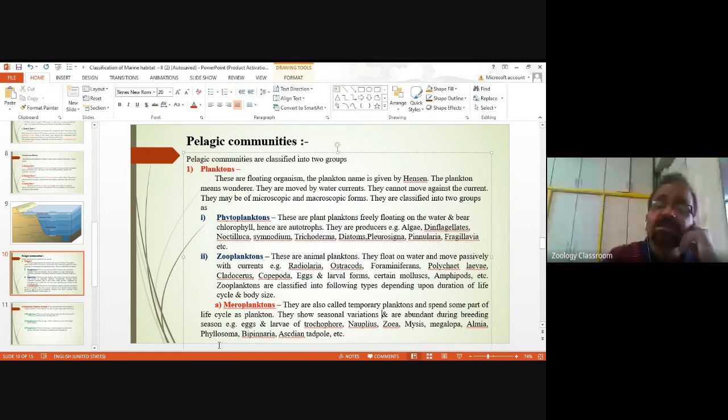All these are names of the larvae which we have quoted here. Can you tell me, do these larval forms belong to which group of the arthropods? Arthropods exhibit these larvae: Zoea, Mysis, Megalopa, Phyllosoma, and so on. Can you tell me?